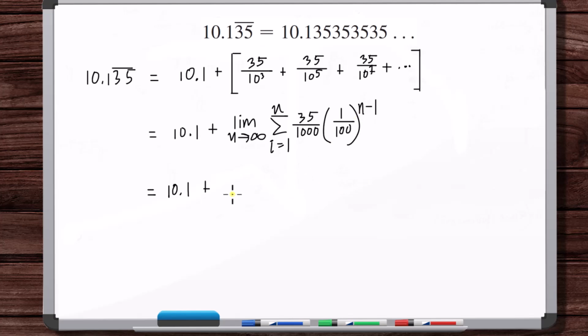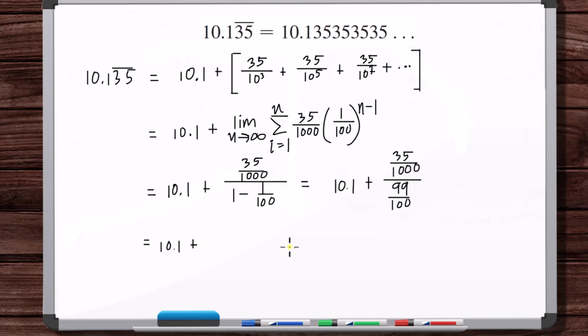So this is equal to the first term over 1 minus the common ratio, and then so 35.